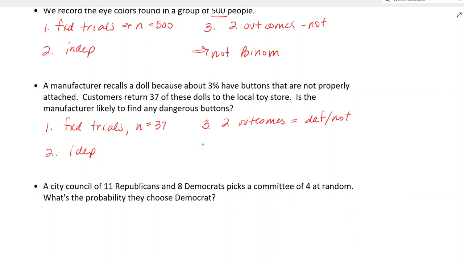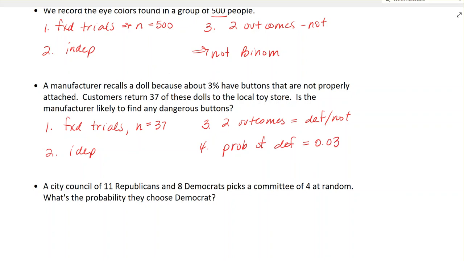And then number 4, what is the probability of a defective doll? Or in this case, with the sentence that you see there, the percent of dolls who have buttons that are not properly attached is 3%. So the probability of defective is 0.03.